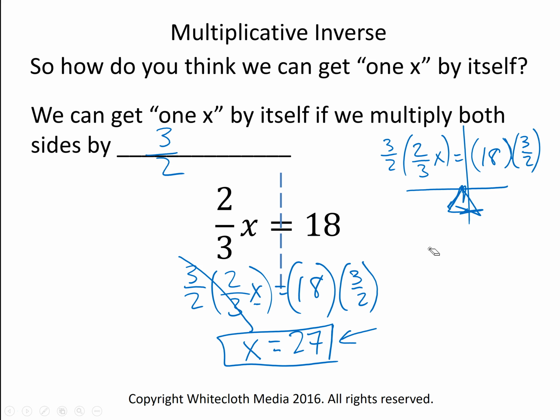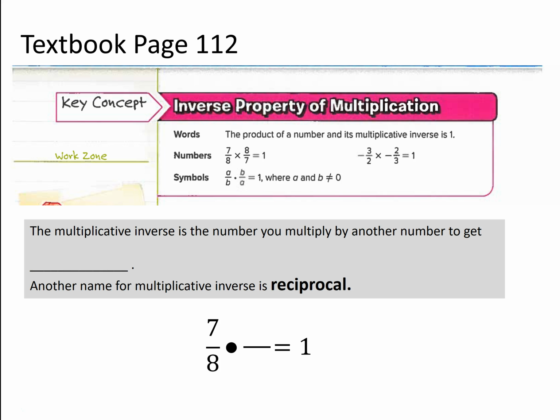So we want to get x by itself. If we have a coefficient that's a fraction, we multiply by the multiplicative inverse. In your textbook, they tell you the multiplicative inverse, or inverse property, is that the product of a number and its multiplicative inverse is 1. So if my number is 7/8, my multiplicative inverse is 8/7.